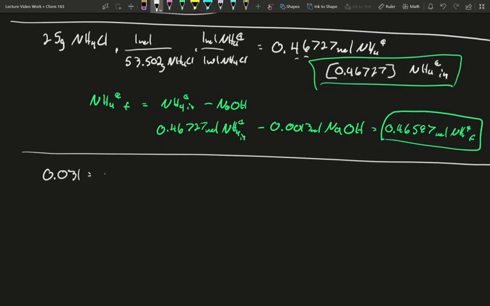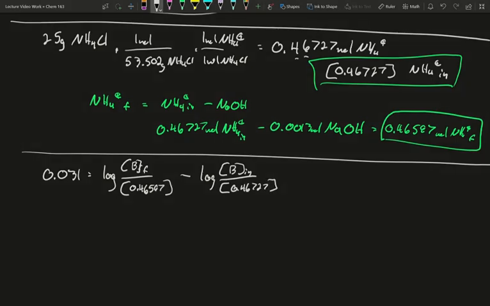0.031 must equal the log of the base final over the acid final, 0.46597, minus the log of the base initial divided by the acid initial, which was 0.46727.